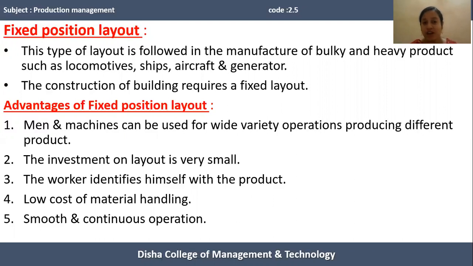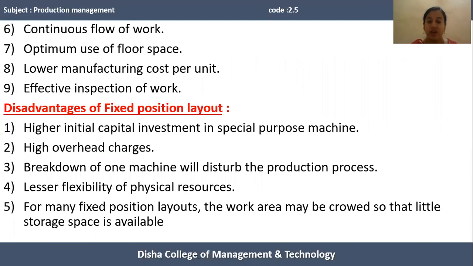It also has various disadvantages, like higher initial capital investment, high overhead charges, and breakdown of one machine disturbs the whole production process.